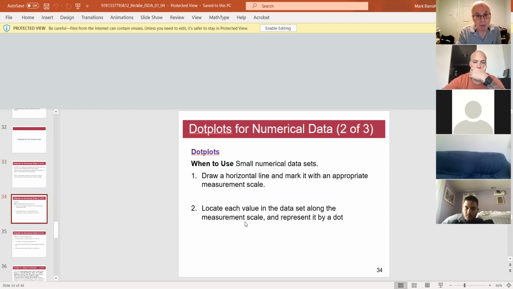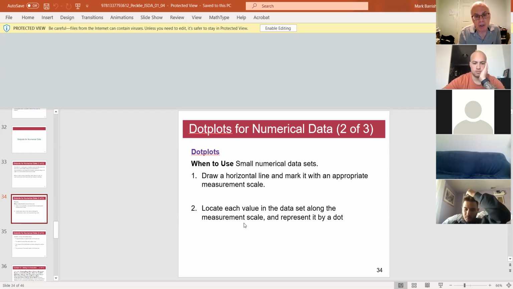Again, what you're going to do is you have a horizontal line as a number line, and you mark it with a scale, whatever the various values are for your numerical variable. We go from left to right, with left being smaller values, right being larger values, just like you would plot any number line.